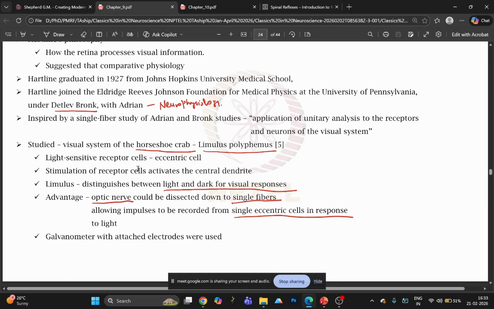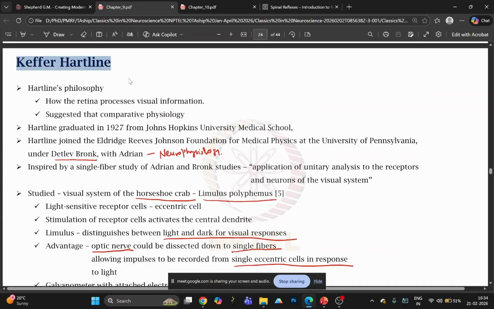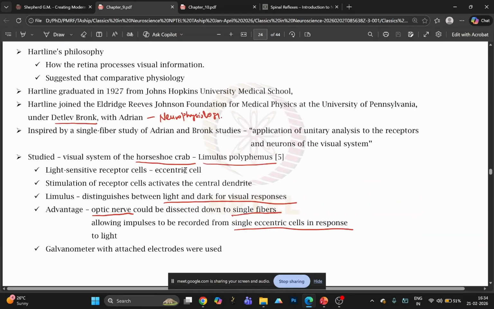Whenever they stimulated the receptor cells, that resulted in the stimulation of the eccentric cells, and whenever these eccentric cells were stimulated, the impulses could be recorded from single eccentric cells because they could dissect the optic nerves to single fibers. That's why Keffer Hartline used the Limulus visual system for his experiments.